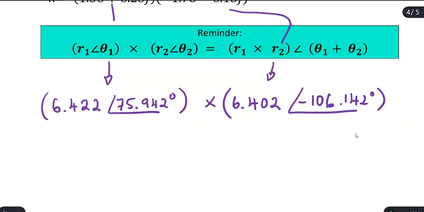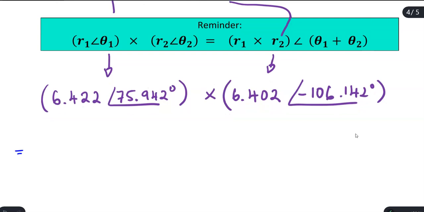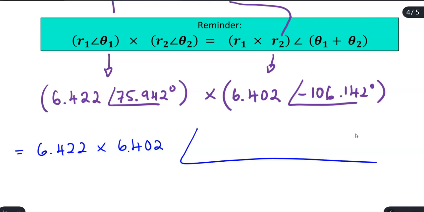Okay, so now I'm going to use the formulas that are given to me. I multiply this with this. Okay, and for the argument, I'm going to add them.